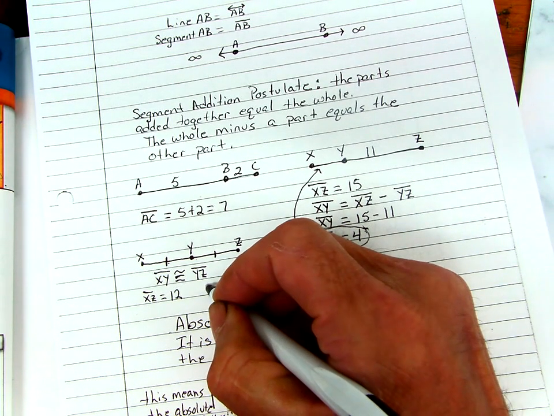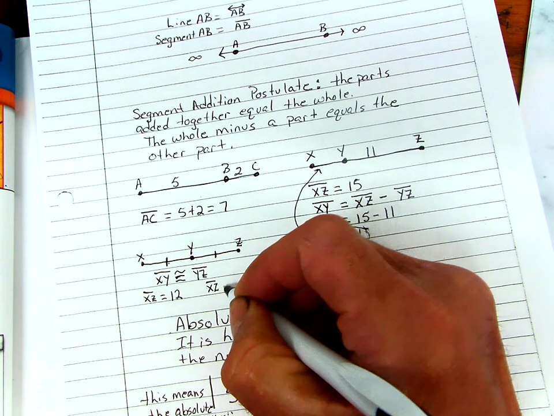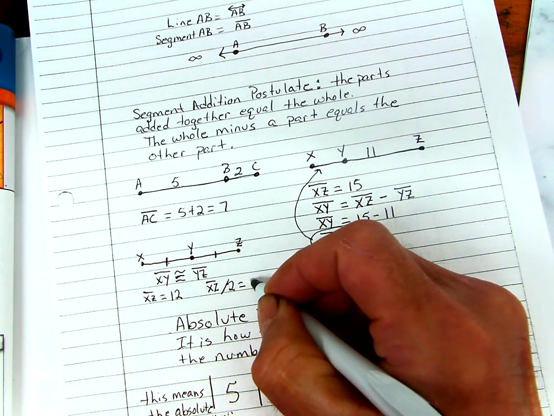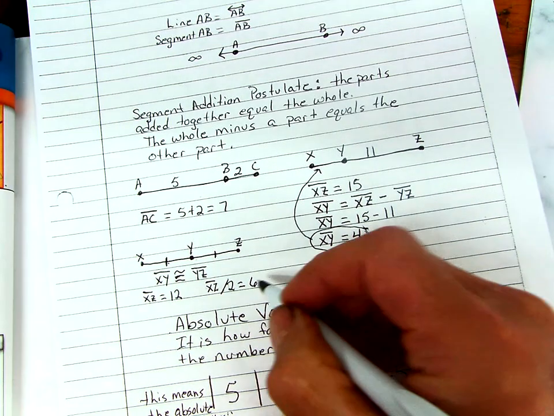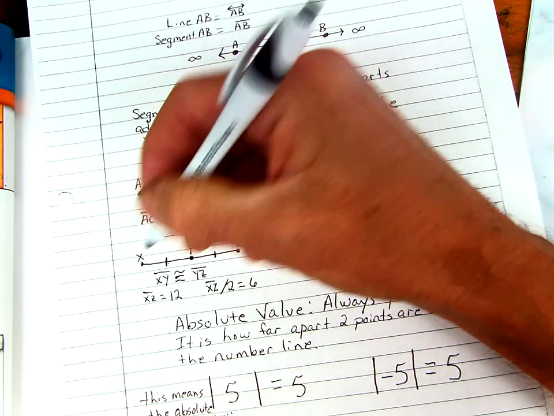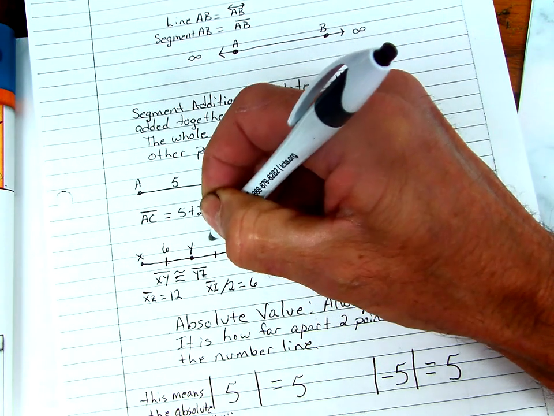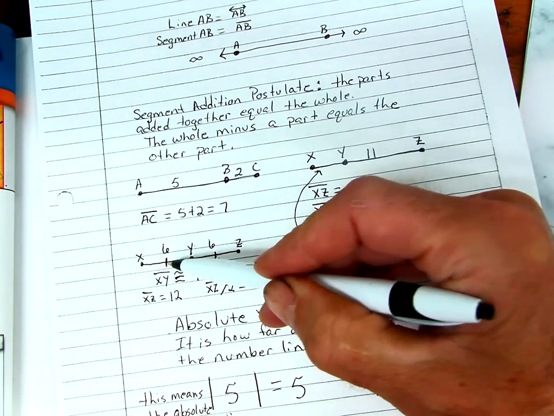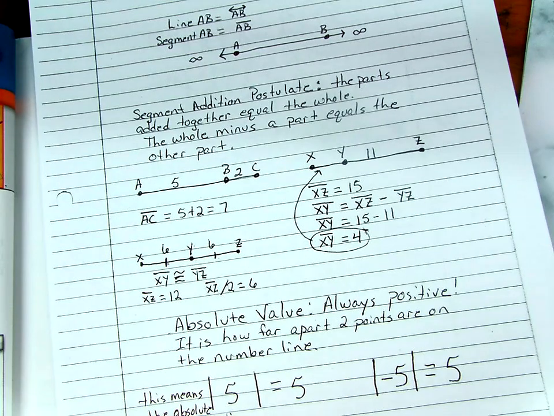That means that segment XZ divided by 2 equals 6, which means that segment XY equals 6 and segment YZ also equals 6. These two bars, in the book they will be read as meaning they have the same measure.